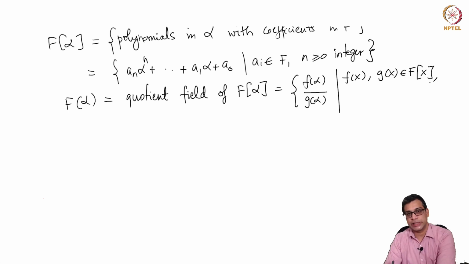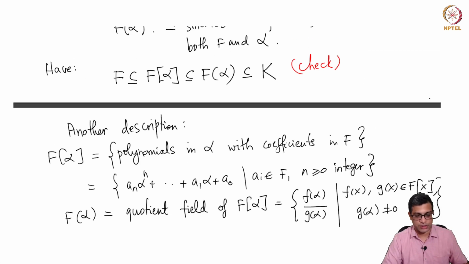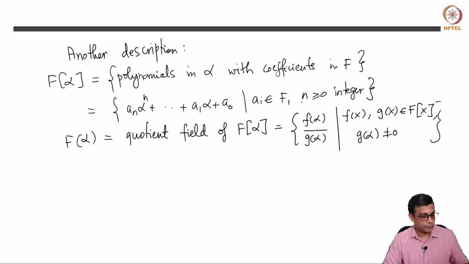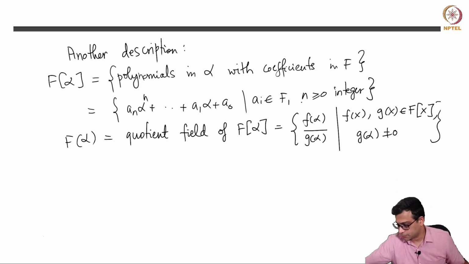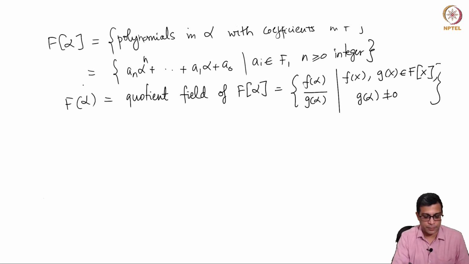So they are single variable polynomials over capital F, and we want g(alpha) to be non-zero. So this also justifies this chain of inclusions. Now this is very general. What I now want to do is to understand a little bit more about what these subrings and subfields are.